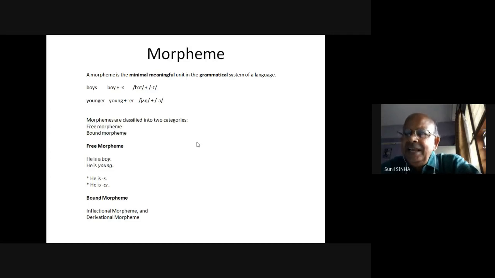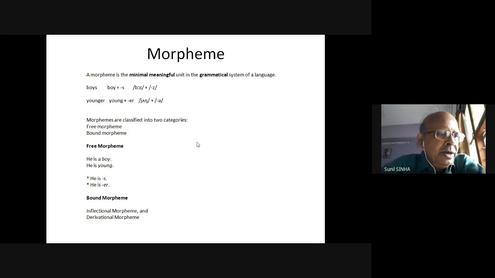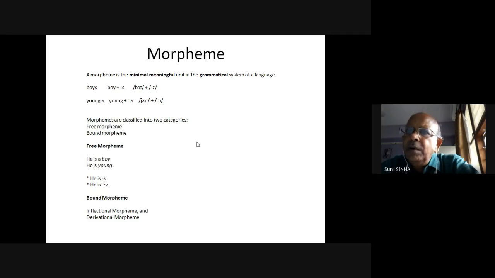And when we study morphology, or let us say the structure of words, then the unit that we start with is called morpheme. That is, in a word, you can find one morpheme or you can find more than one morpheme.